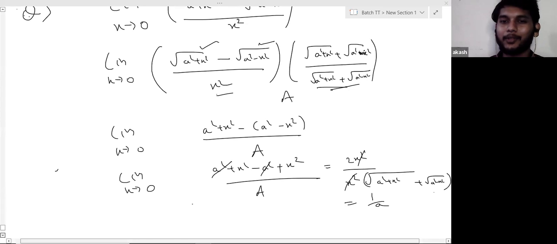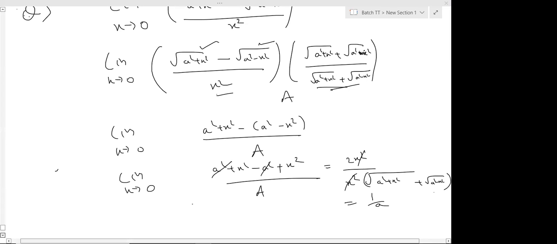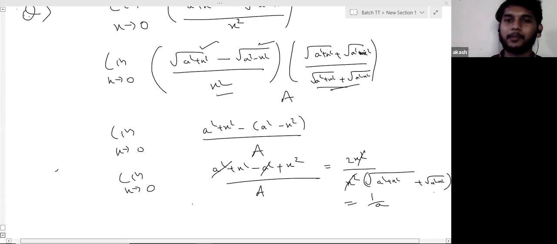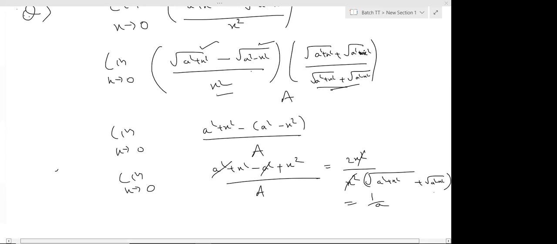So I think everyone got the wrong answer. Zayed, Sahel. So I got 1 by root a whole square. I didn't make it 1 by a. Yes, so 1 by root a whole square is 1 by a. All right. Yeah, right, sir.